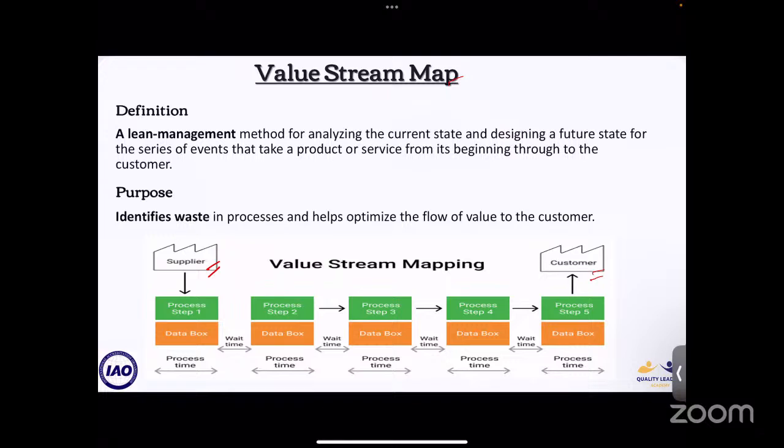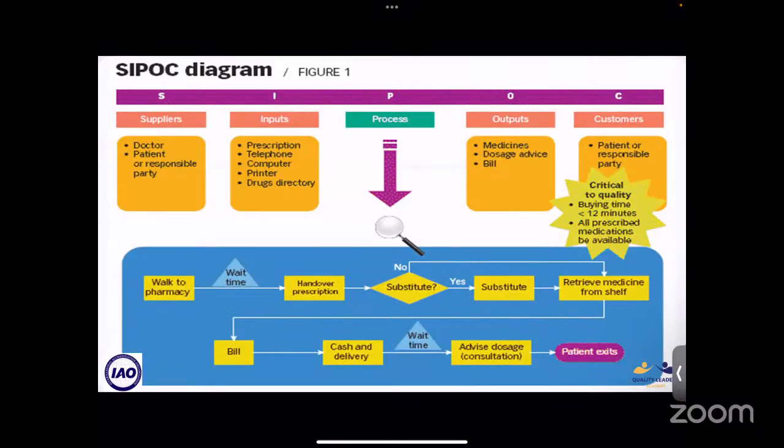Clear, Radha? Yes. I also have something else. Like the SIPOC diagram, which is considered process mapping, in the case that you are working on a certain project. We said before that there is the identify phase, the design phase, and the develop phase. In the develop phase, we draw the SIPOC diagram.